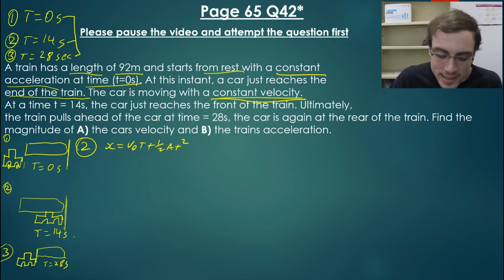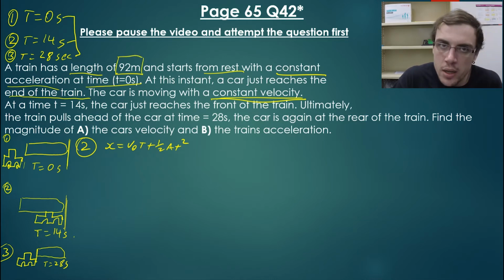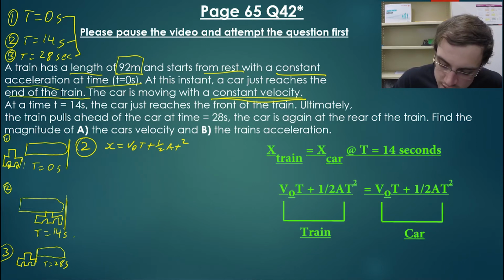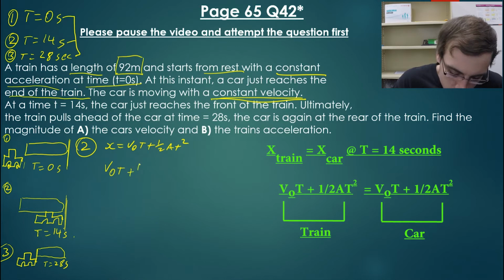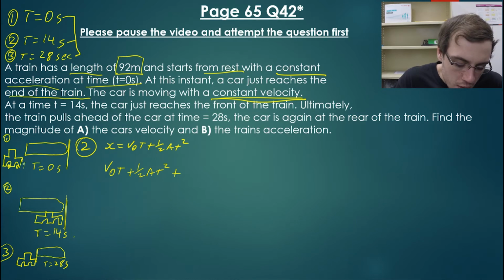But, and there's a big but here, yes, they've traveled the same distance, but we need to take into account the length of the train. So I'm going to add that into our formula. The displacement of the train is v0t plus 1/2 at squared, but we have to take into account the overall length of the train as well, because the train has a 92-meter advantage.